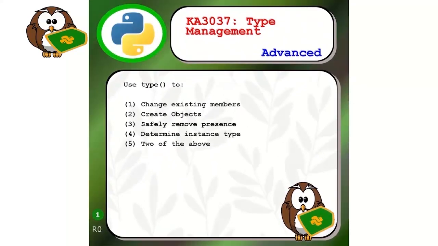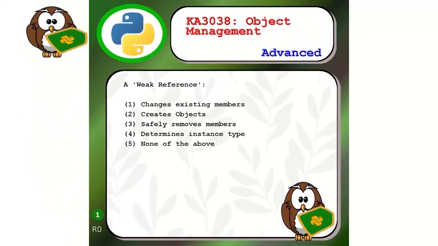Into our advanced, once again, we have added KA3037 on type management, where we would now understand that we can use the built-in type function to either 1, change existing members, 2, create objects, 3, safely remove presence, 4, determine instance type, or 5, 2 of the above.